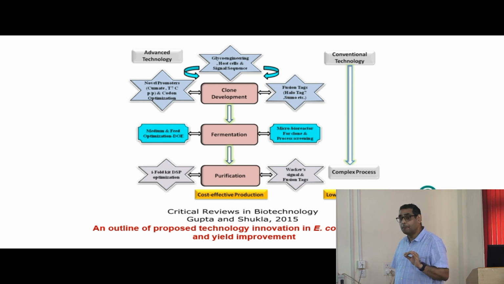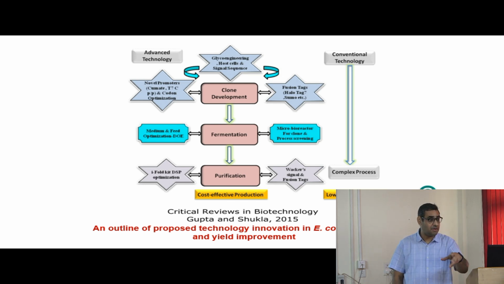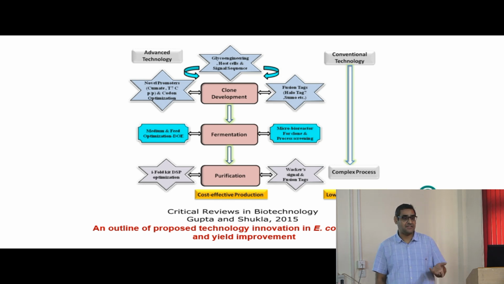You do improved fermentation. You have small microreactors. You use process scaling. You use medium and feed optimization with new methods, AI based methods. You get a better product and more yield. You do innovation in purification: simple purification, and you use various fusion tanks.